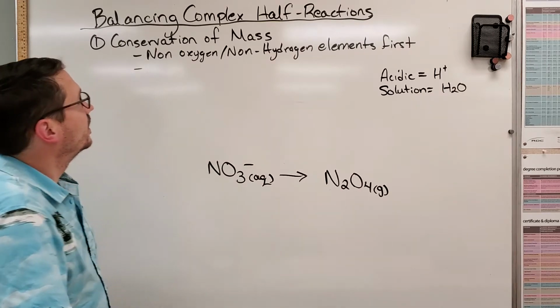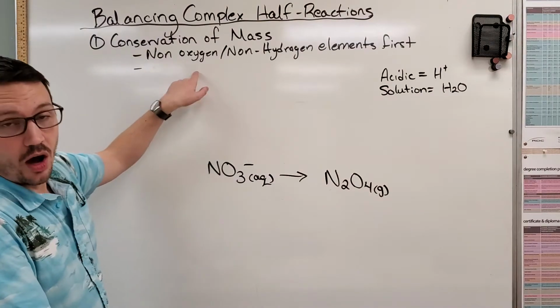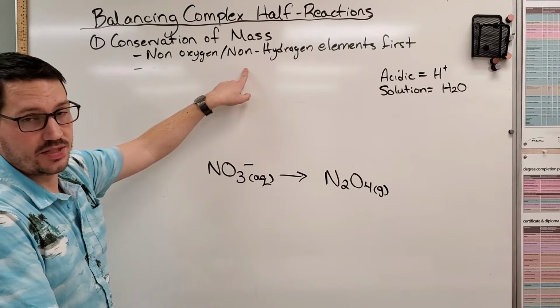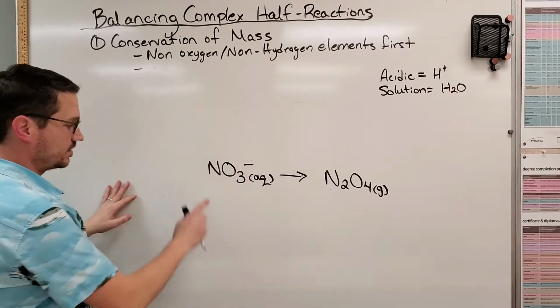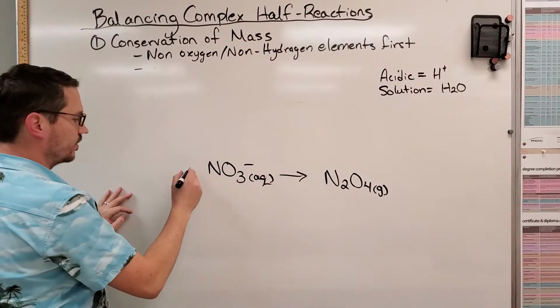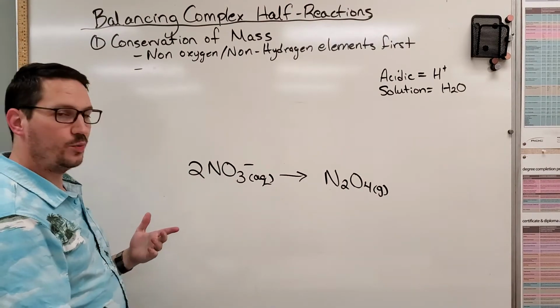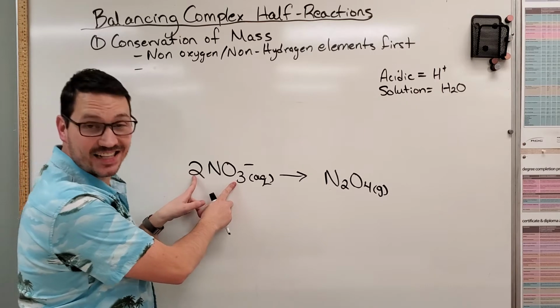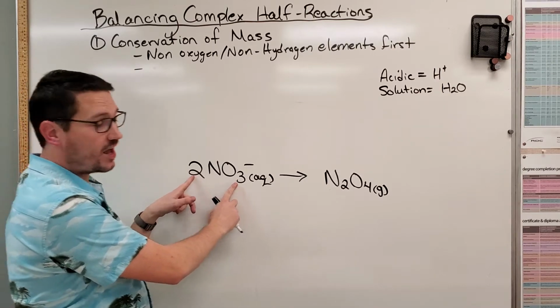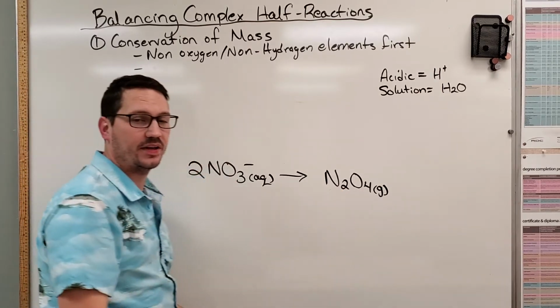So balance your non-oxygen and non-hydrogen elements first. Okay, we did that. 1 nitrogen, 2 nitrogens, so we're going to place a 2 in front of this. But now we've got 2 times 3, 6 oxygens on one side and 4 oxygens on the other.